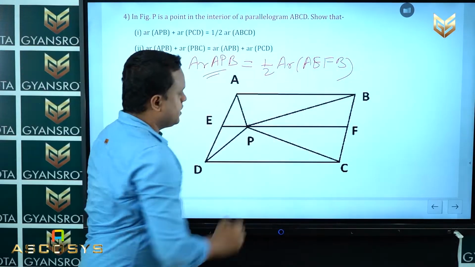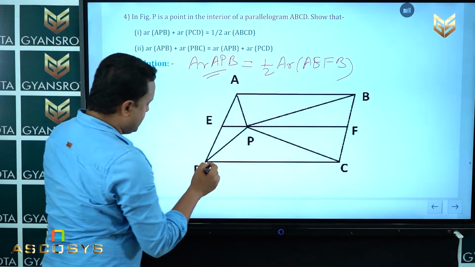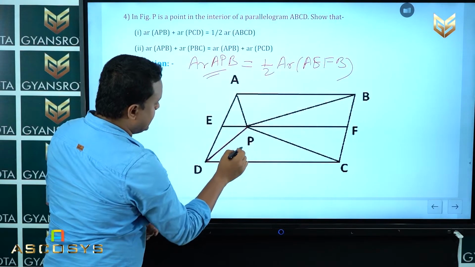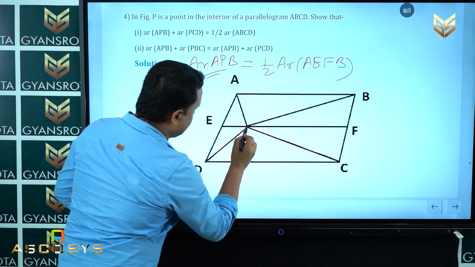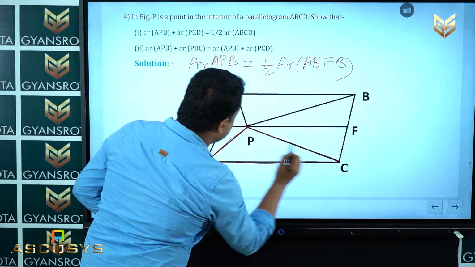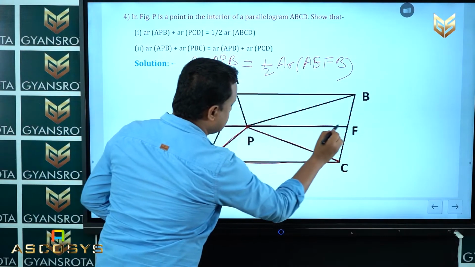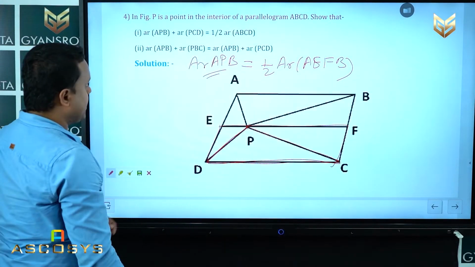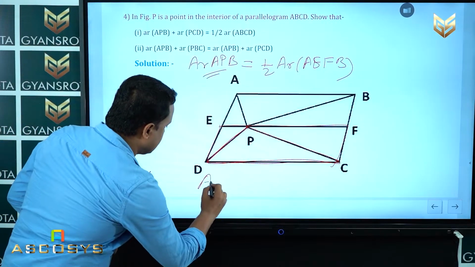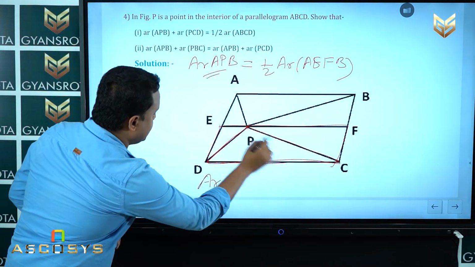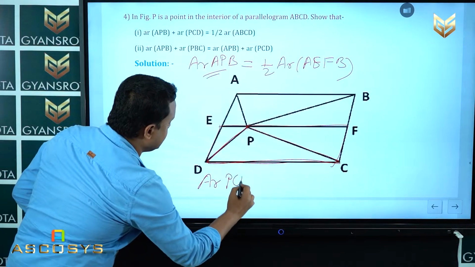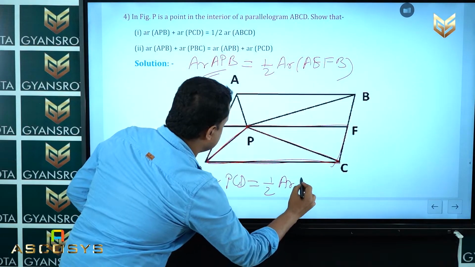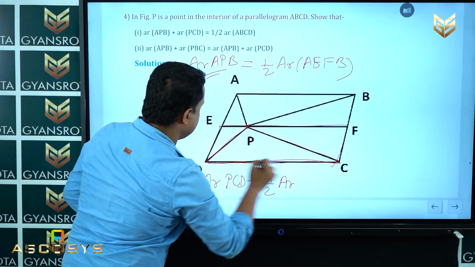All right. Now similarly, in the lower part, the area of this triangle PCD is half of the area of this parallelogram. So here we can write area of PCD equals half of area of EFCD.